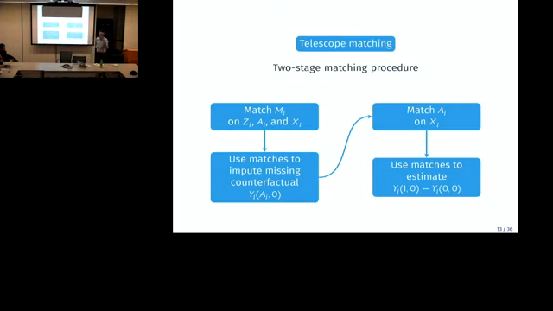Just a clarification: do you assume that Z is causally prior to M? Is this something you need to assume? Z is going to be causally prior to M, so it's going to be a confounder. If there's something that's post M, you wouldn't need to include it at all. But what if you don't know which one is the cause? That's a general problem with doing mediation analysis or direct effects. At some point, you need to take a stance on the causal ordering of these things.